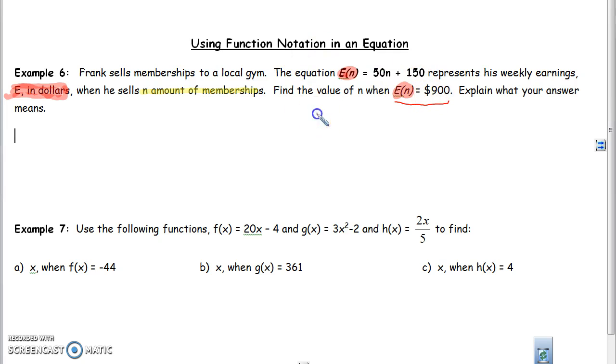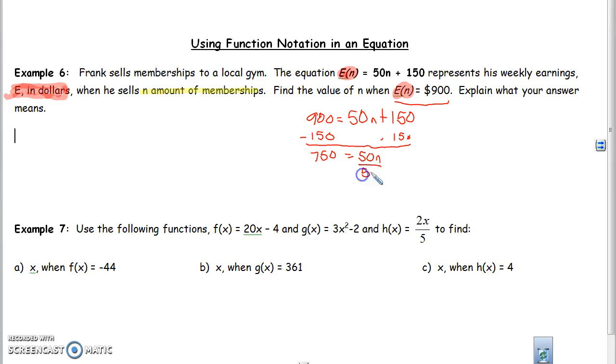So we say 900 equals 50n plus 150. And then it becomes a simple matter of solving an algebraic equation. So we subtract 150. 900 minus 150 is 750, which equals 50n.